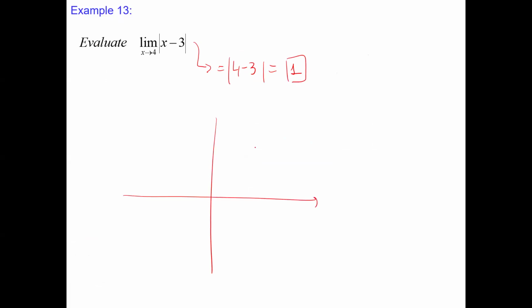If we draw this function, the absolute value of x minus 3 is also a V shape, but the x-intercept is 3. That means the V will be attached at 3, so we're shifting horizontally 3 units to the right. At 4, the limit is the same as the value, for a continuous function.